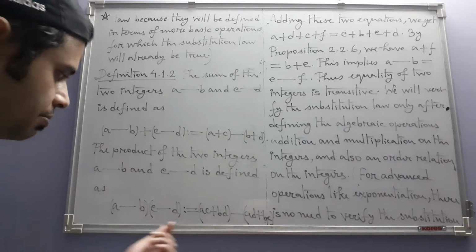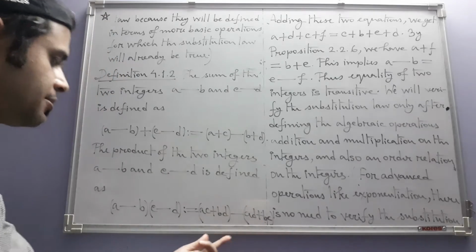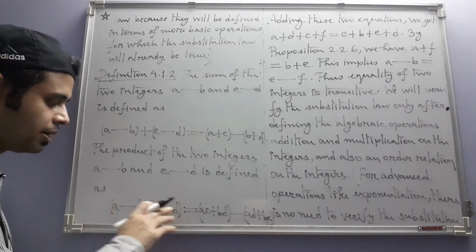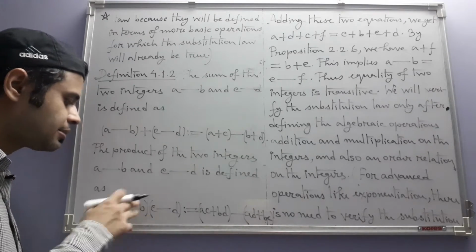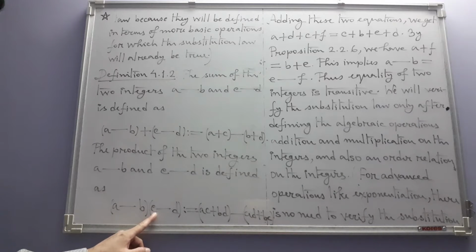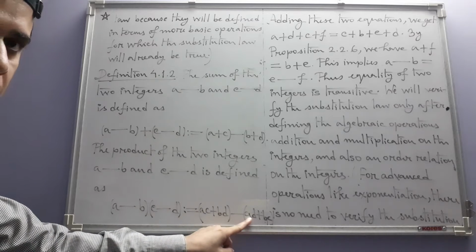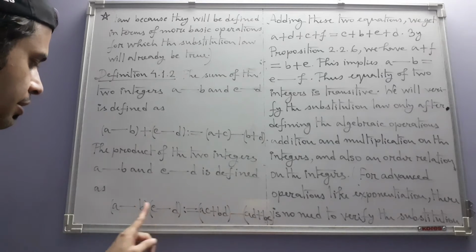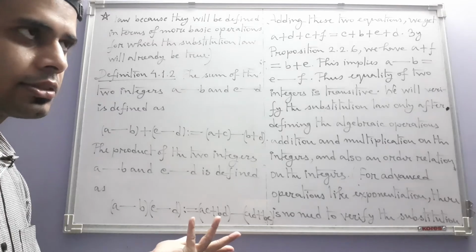Hope this is visible. AC plus BD dash AD plus BC. It is normally what you will get if you just simply multiply these expressions out as if this is A minus B and C minus D. You will get AC minus AD, and then minus B times C is minus BC, and minus B times minus D is plus BD. So that's the thing.